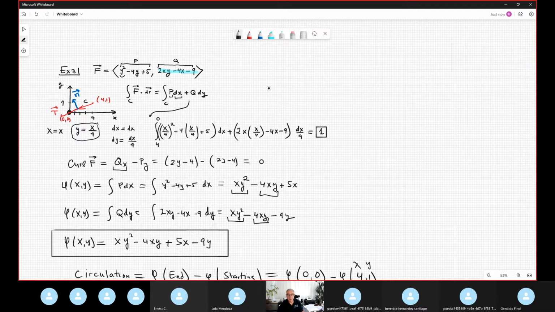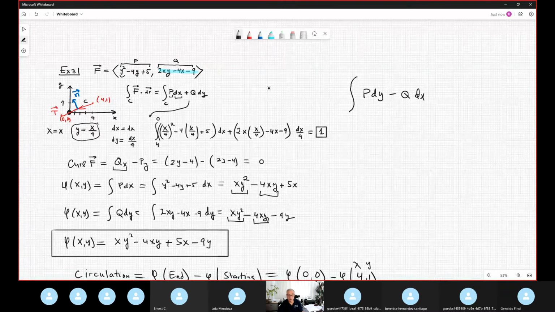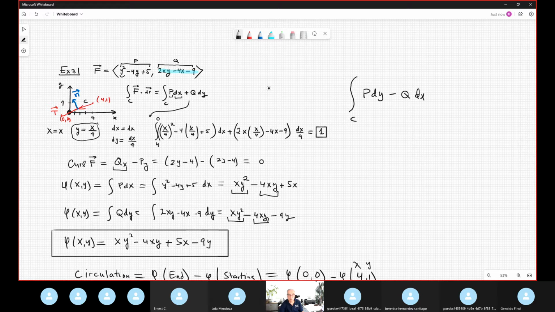But no. I respect this convention, and you compute the flux integral, which is P dx minus Q dy. Sorry, P dy minus Q dx, is the formula, and the same curve. Okay, cool. You immediately convert the problem into one single integral.